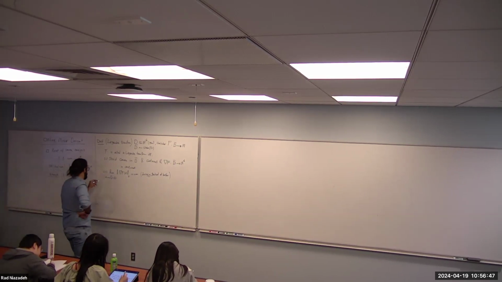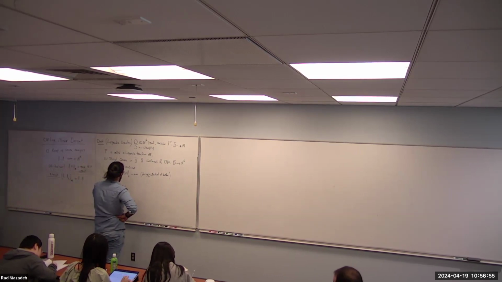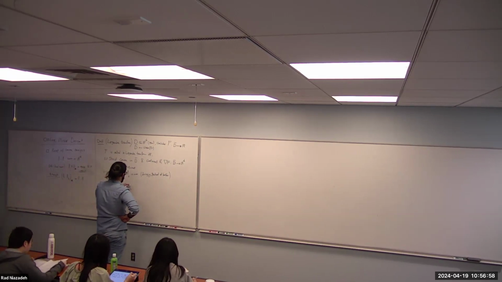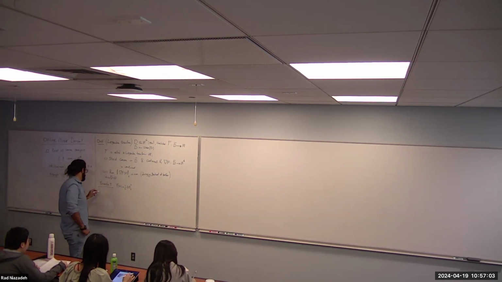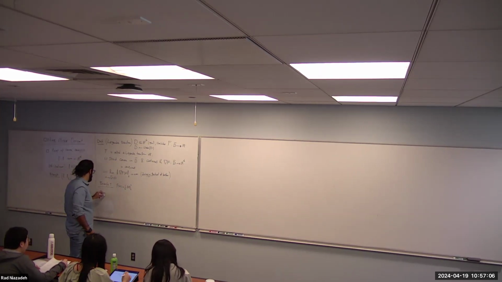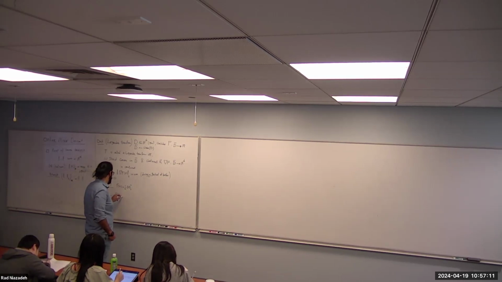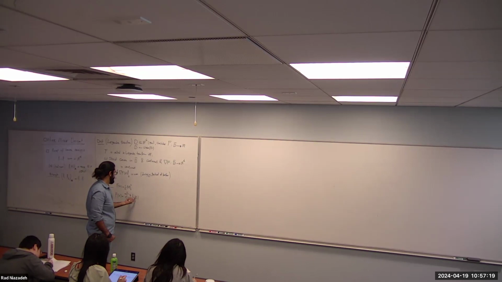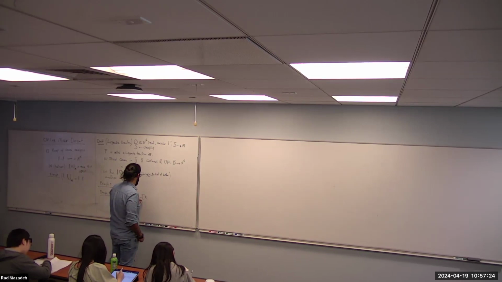Let me give you some examples. Example number one: imagine f of x is equal to half of the norm 2 squared. That defines the Legendre map. Example number two, and you'll see in a second why I'm giving you this particular example: f of x is equal to the summation for i from 1 to d of x_i ln x_i, that's the negative entropy, minus the summation of x_i, i from 1 to d.